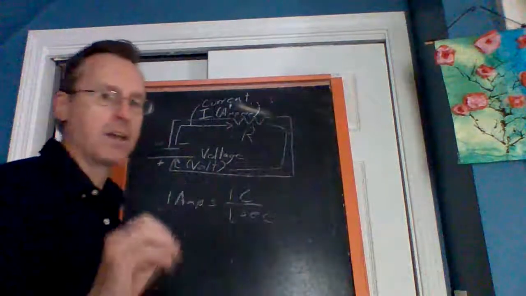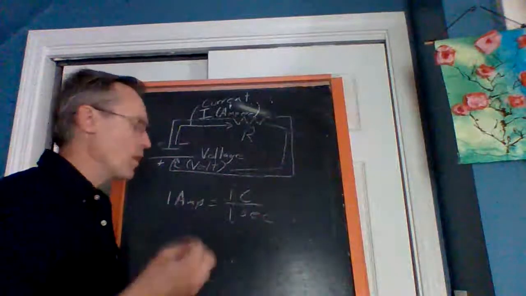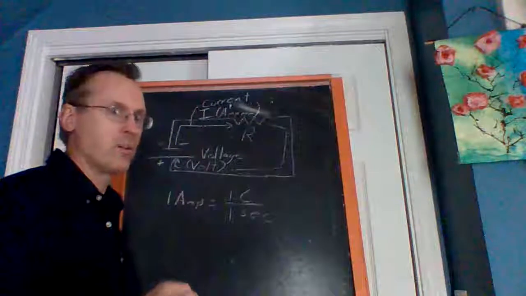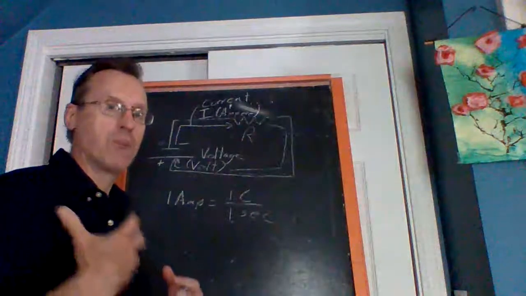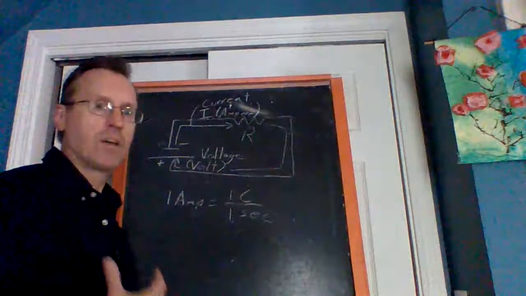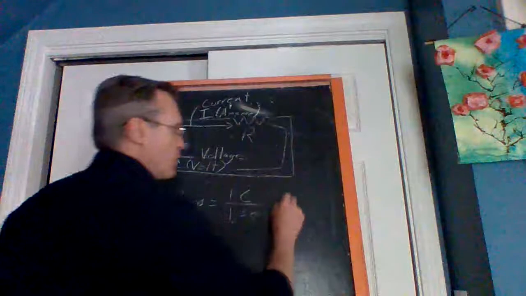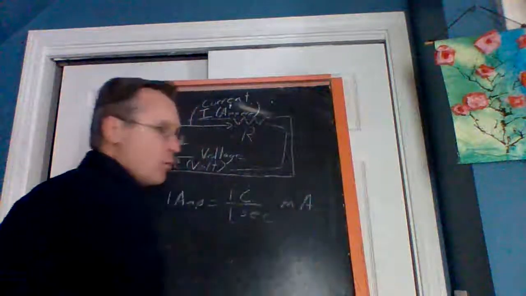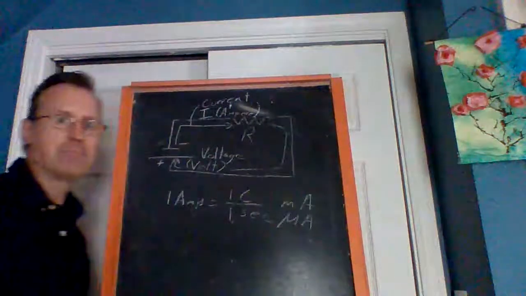Because a coulomb of charge is large, 1 ampere of current is a large current. 1 ampere going through your body is more than enough to stop your heart, fry your brain, things like that. It's deadly to you. That's why oftentimes we'll use milliamps or microamps instead of amps.